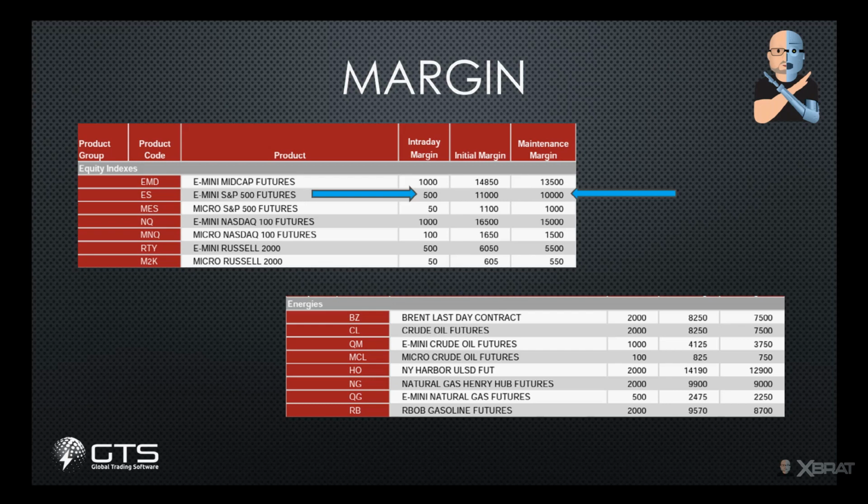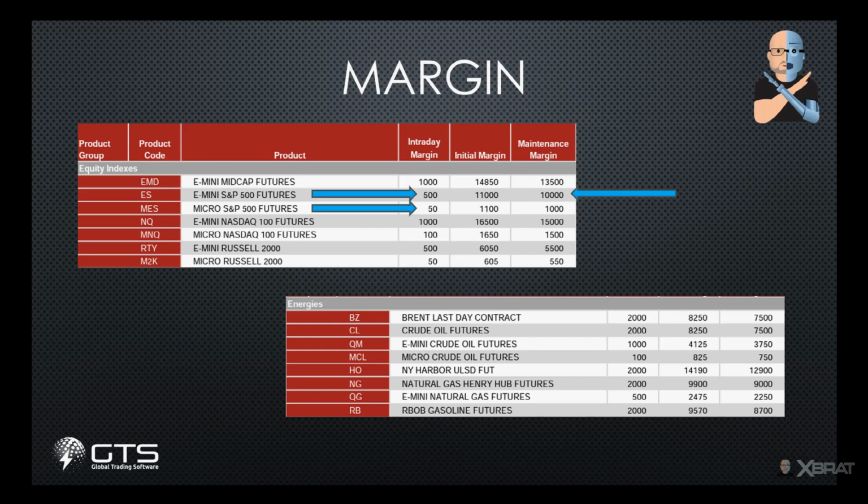Okay. Now this is where micro futures come in, because to trade one contract of MES, the intraday margin is $50. Obviously that's a tenth of that $500. To trade ES, every time that moves 1 point, you get $12.50.